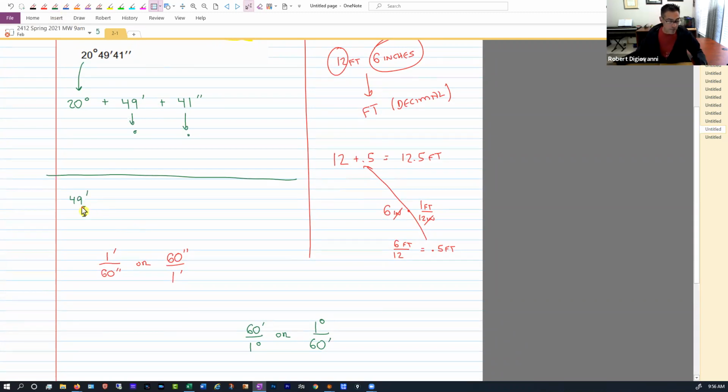I want to go from minutes to degrees, so I'm going to be using these, and I want the minutes to cancel. I'm going to use this one because it has minutes on the bottom. I multiply by 1 degree over 60 minutes, and the minutes go away. I will have 49 degrees over 60. On my calculator I do 49 divided by 60.